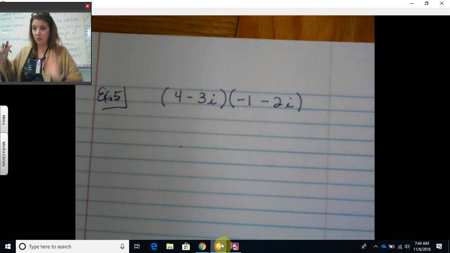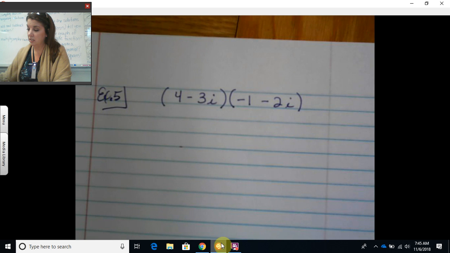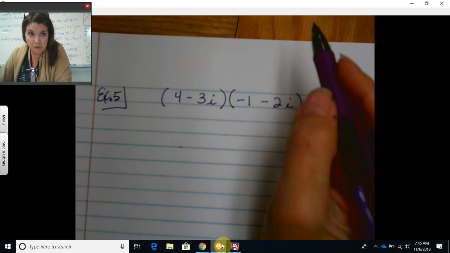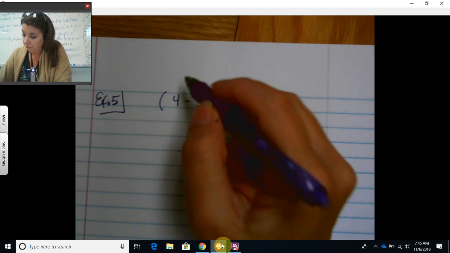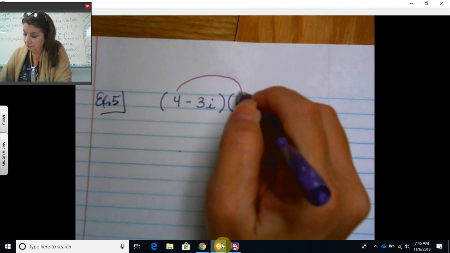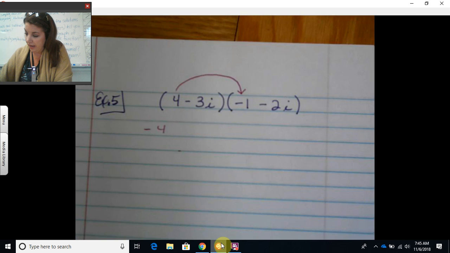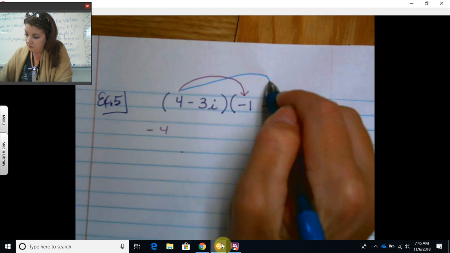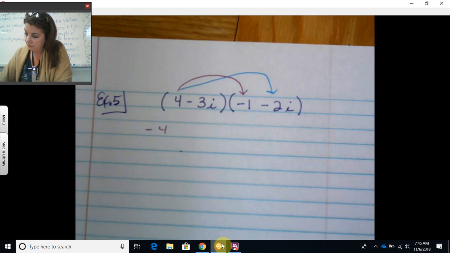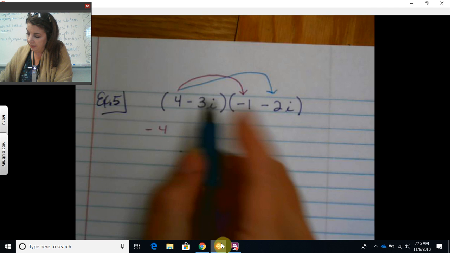Of course, I'm going to be all color coordinated about this. So let's start with the first term times the first term. Gives me what? -4. The outer term times the outer term gives me -8i.